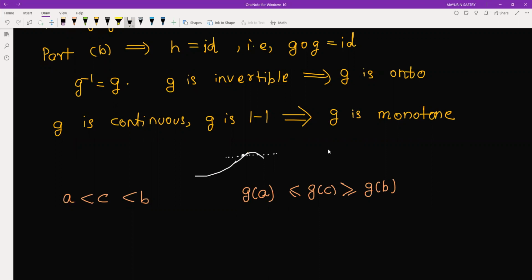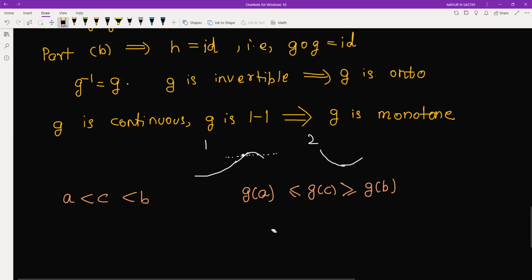Another possibility is that it is first decreasing and then increasing. But without loss of generality, we are going to assume the first case rather than the second. The argument for the second one would be exactly symmetric.